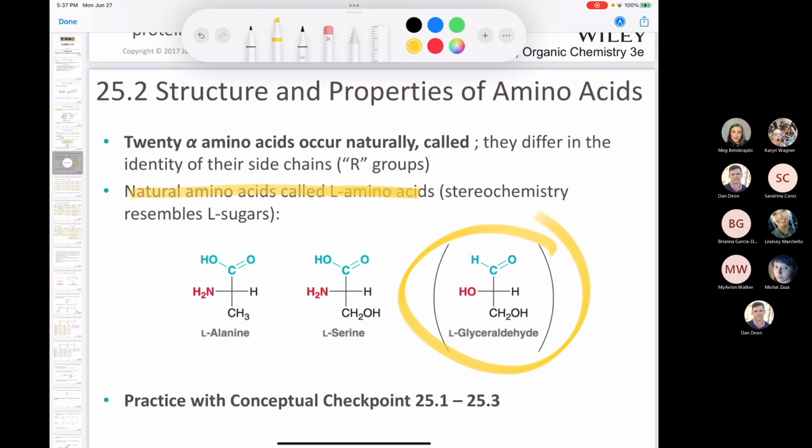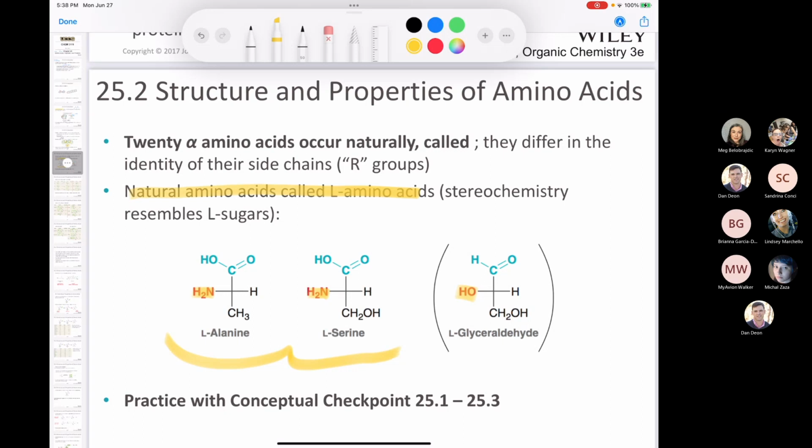We looked at D-glyceraldehyde in the sugars chapter, but if you compare the chirality of these two naturally occurring amino acids, L-alanine and L-serine, just for example, you see that the amino group is on the left-hand side, like the hydroxyl is on the left-hand side of L-glyceraldehyde. And that's why we name them like that. Everything is based off of L-glyceraldehyde. But again, I repeat, the naturally occurring sugars were the D sugars, but the naturally occurring amino acids are not.